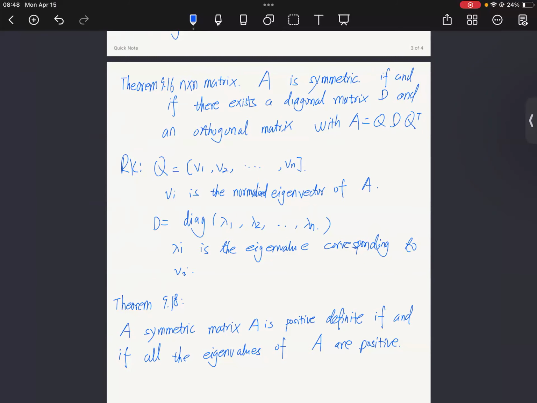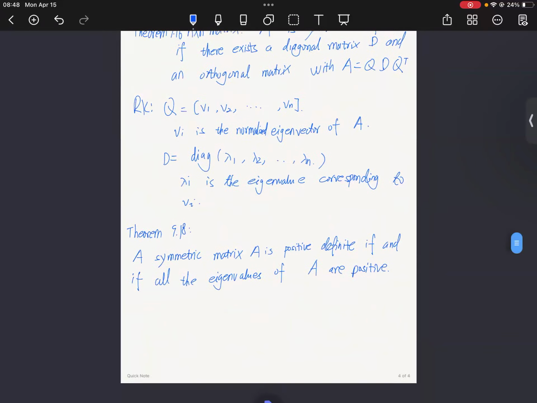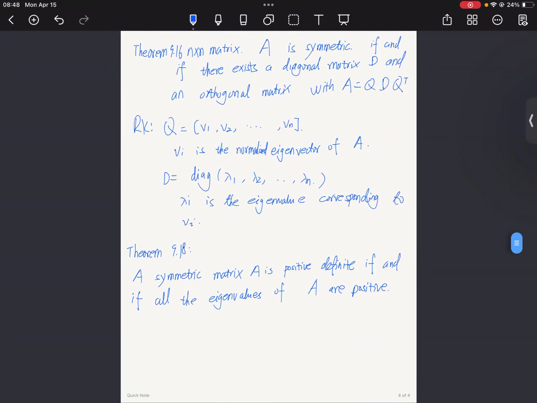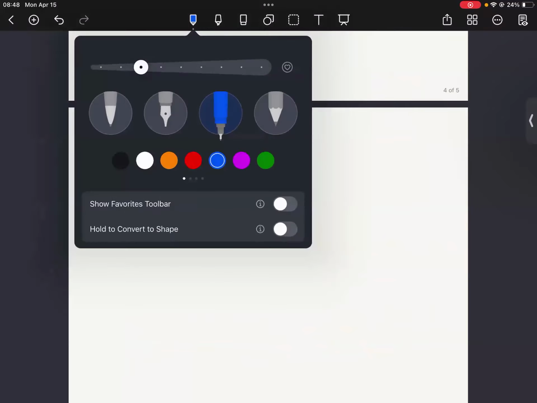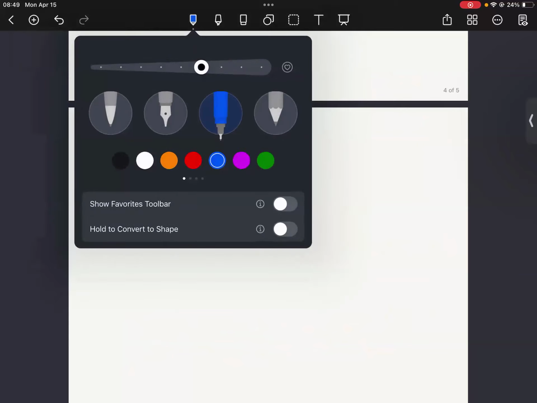Okay, I think we just stop here. Next time, we are going to talk about the power method, and we are going to use the properties and theorems we mentioned in today's class to create it. The power method is quite simple.